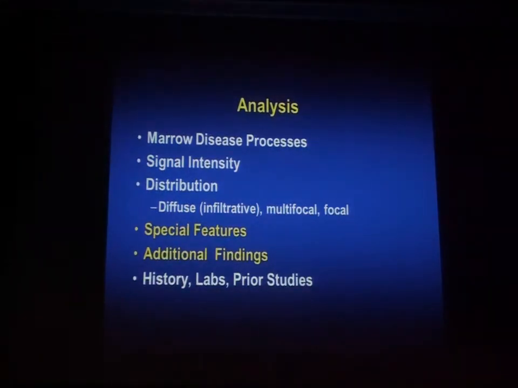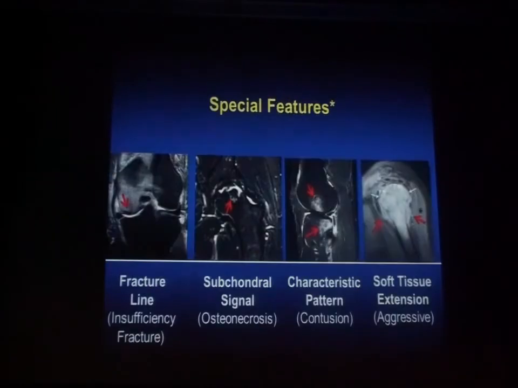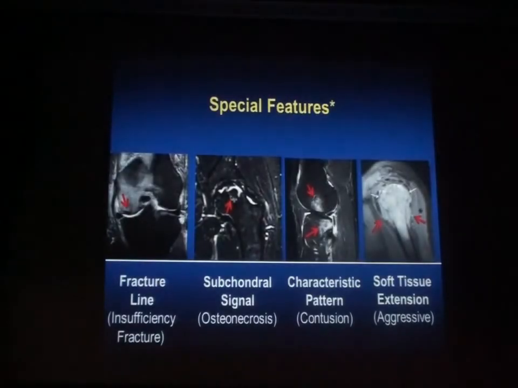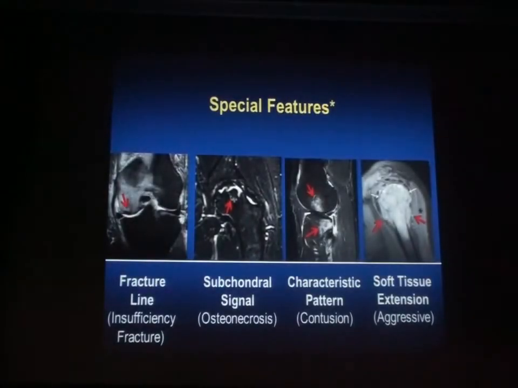Once you've gone through that process, then you're going to start looking, somewhat desperately perhaps, for special features that help drive a diagnosis. So looking for a fracture line, an insufficiency fracture in this case, in the distal femur, looking for changes related to osteonecrosis, avascular necrosis in the subchondral portion of a bone, looking for the characteristic pattern of a bone contusion.